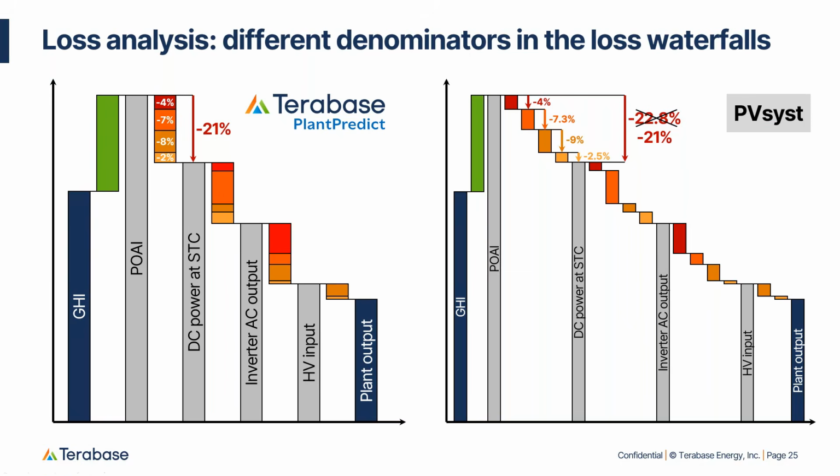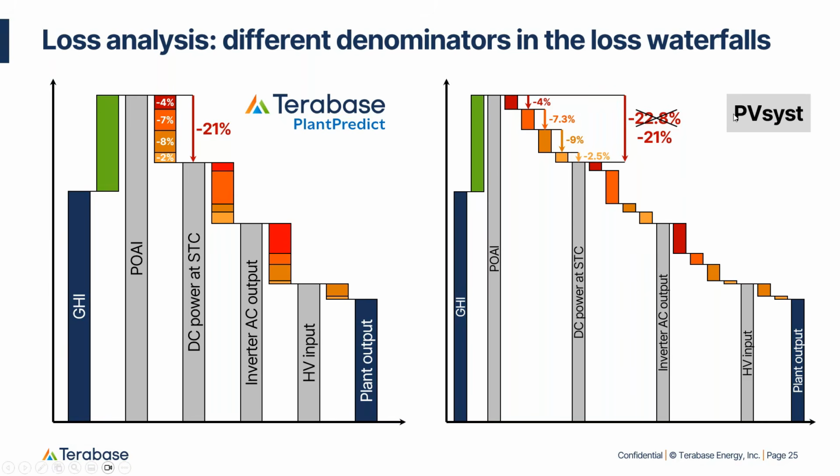I'm going to invent numbers here: 4% for 3D transposition, 7% for shade, 8% for electrical effect of shade, 2% for soiling. You sum them, 4 plus 7 plus 8 plus 2, and you get 21%.